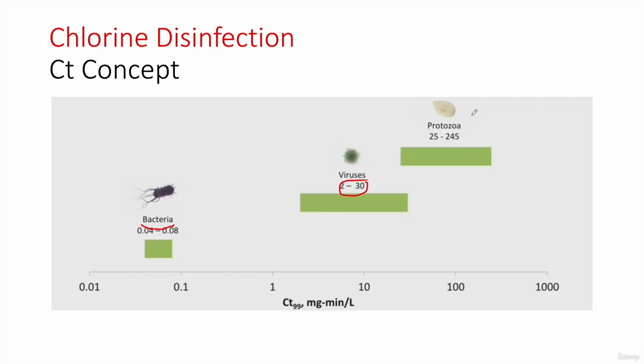And notice that we need very high CT values to remove protozoa, so 25 to 245. And this is why I design for the removal of protozoa, because whenever I am able to remove protozoa, I will be also easily removing viruses and bacteria.